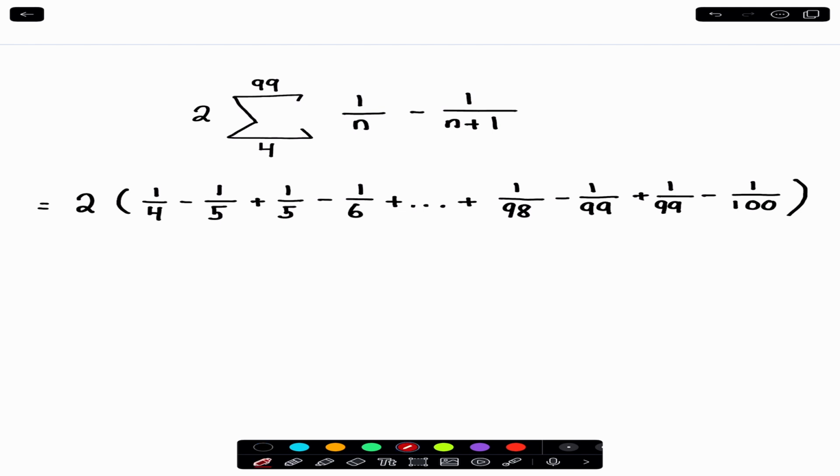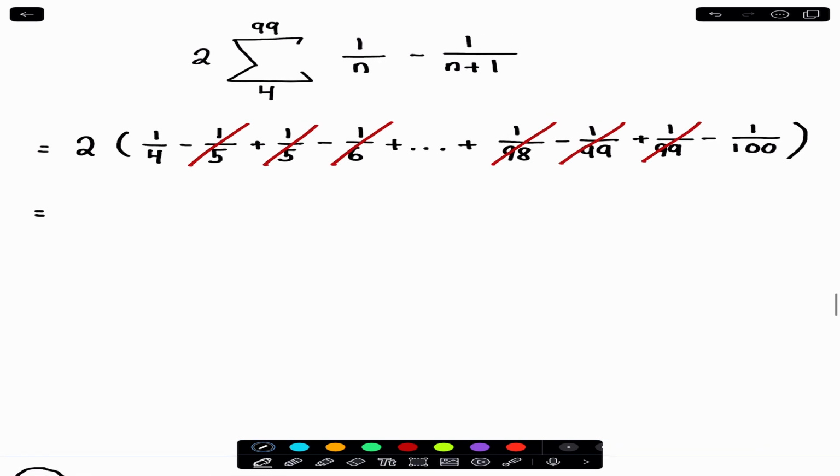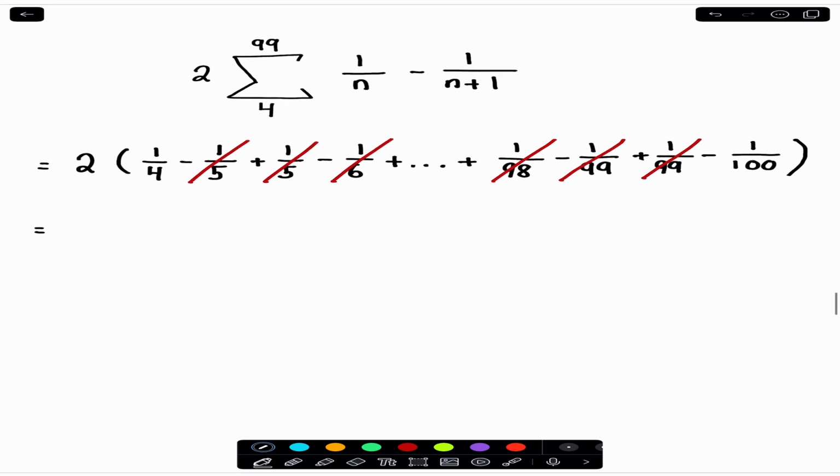Because now we can see my favorite part always of telescoping, this satisfying cancellation. Everything goes away. And our final answer would be 1 over 4 minus 1 over 100. And if you said that, you would be wrong because the final answer is actually twice as large as this.